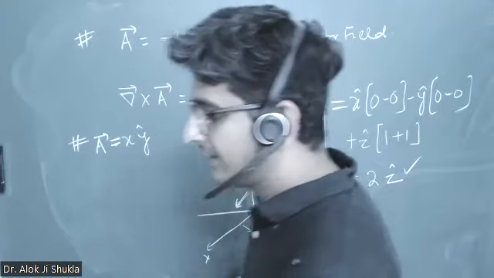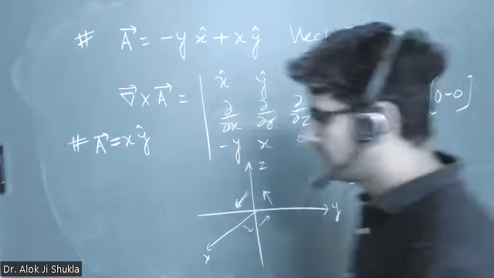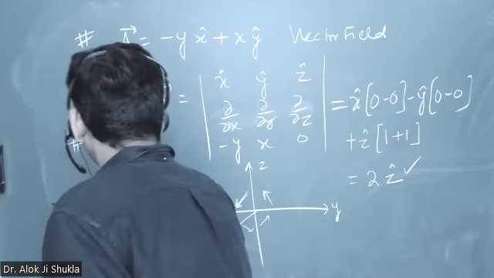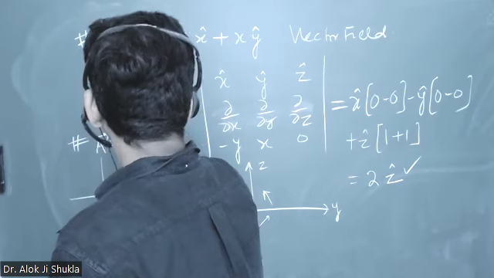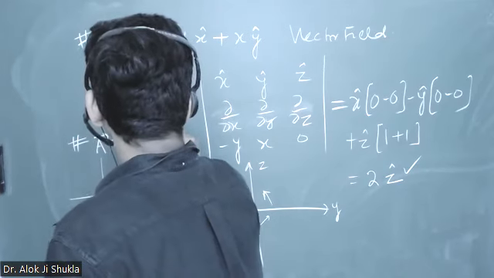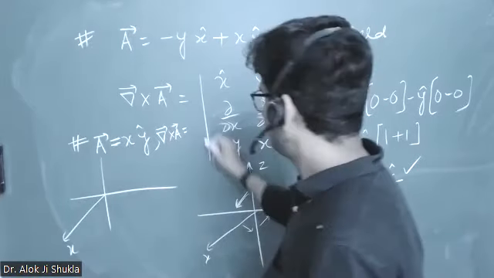So take the curl of this vector. Curl of A is what? Z cap.